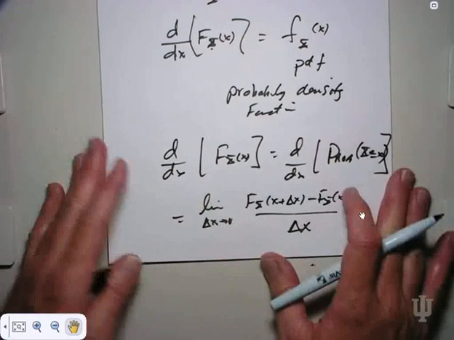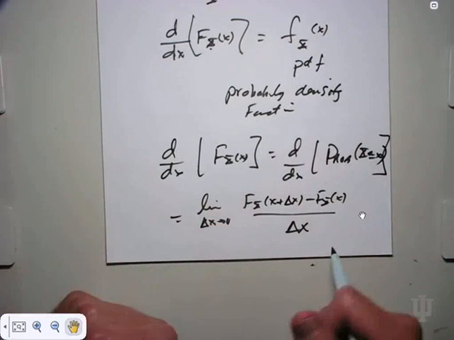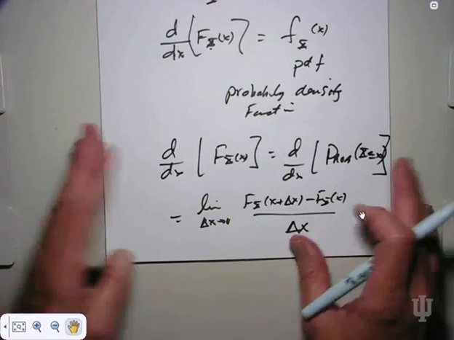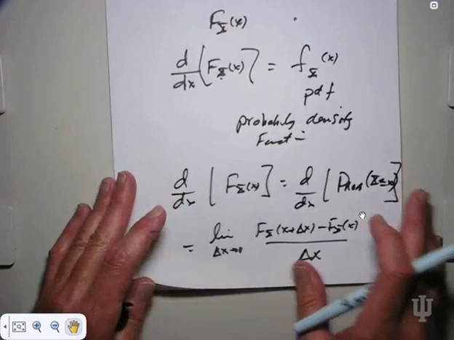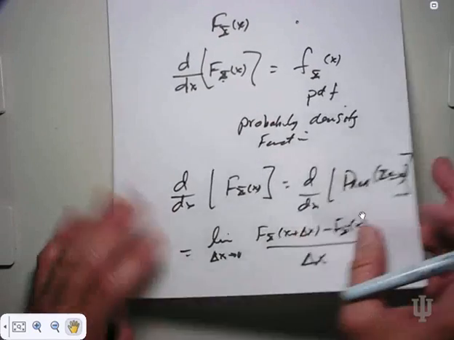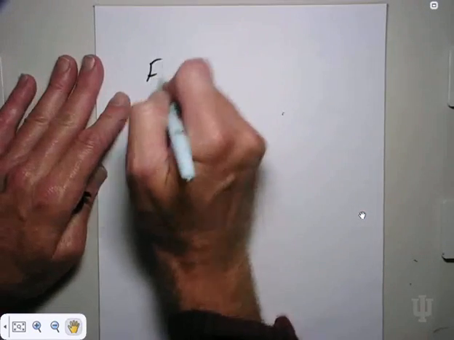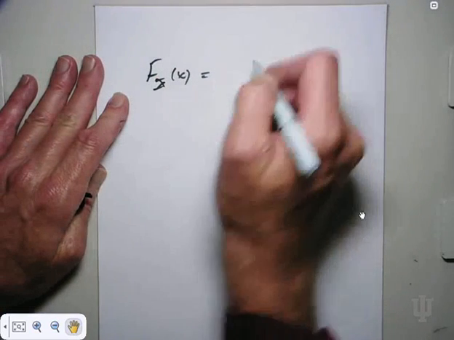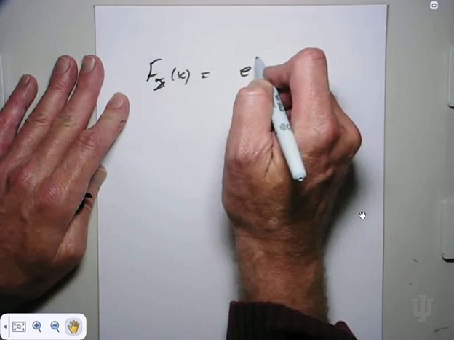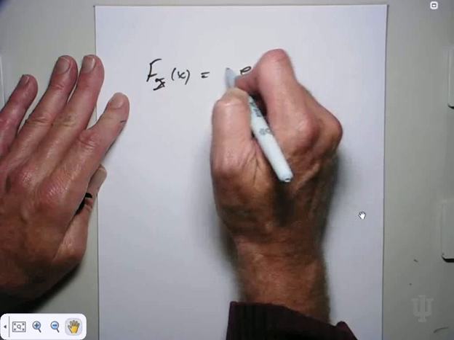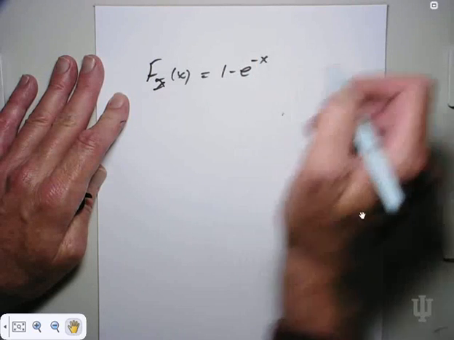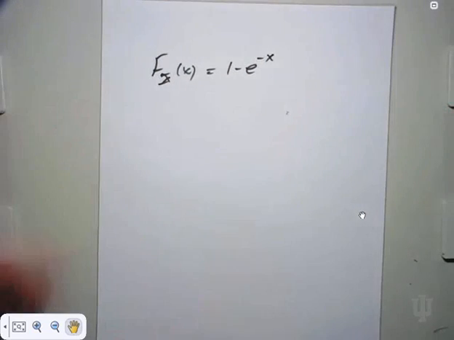But the nice thing about it is that all those rules of differentiation we inherit, so we don't have to go and derive anything. And so when you think of, if I have f of x equals 1 minus e to the negative x, graph that. What does it look like?